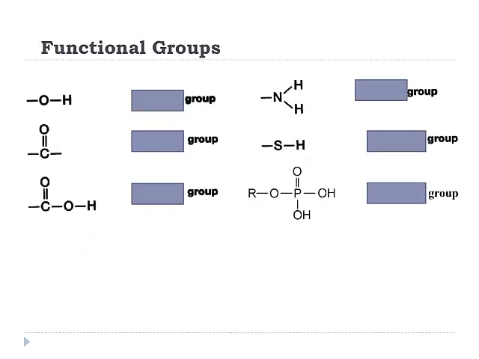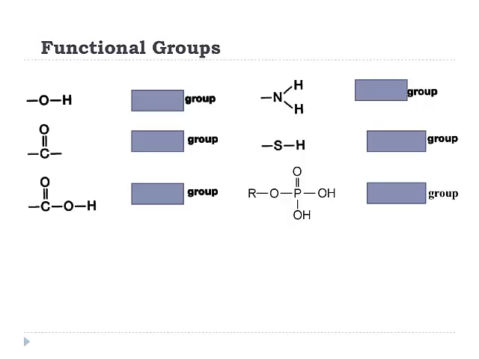Okay, so quick review of functional groups. The OH group, oxygen, found in alcohols, that's true. What is it called? Hydroxyl. The double bond carbon to oxygen? Carbonyl. Double bond carbon to oxygen with a hydroxyl group? Carboxyl, right? Hydroxyl, carboxyl. The nitrogen? Amino.